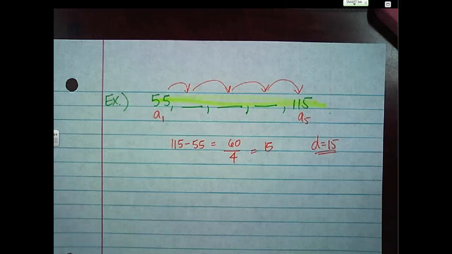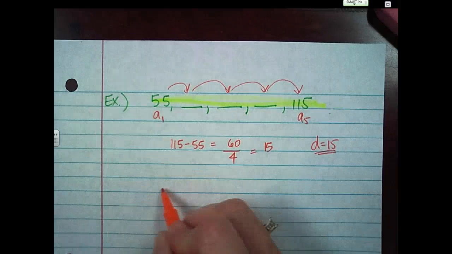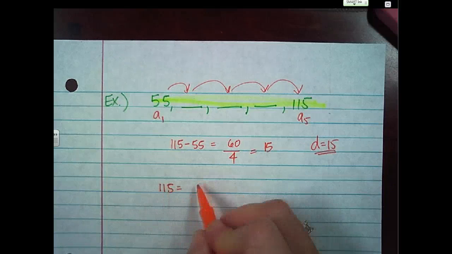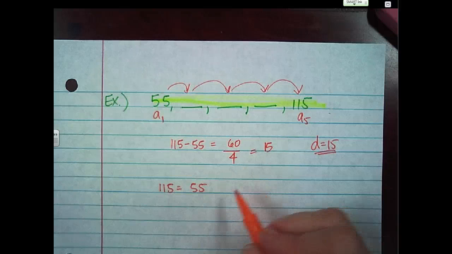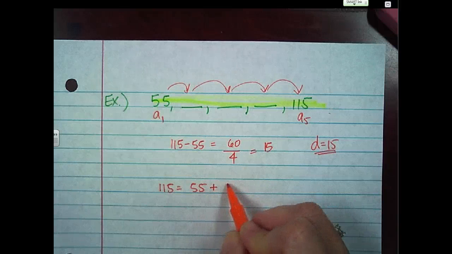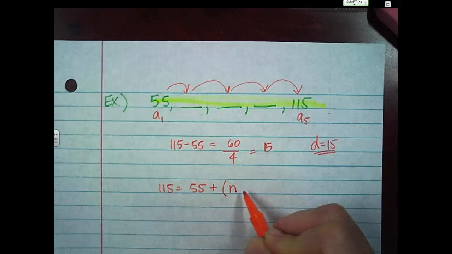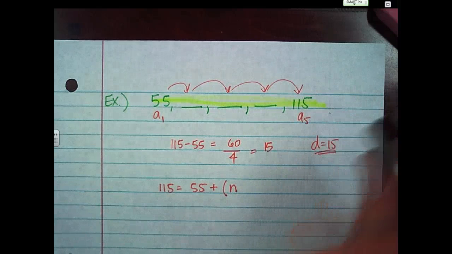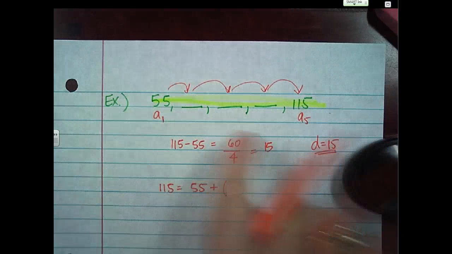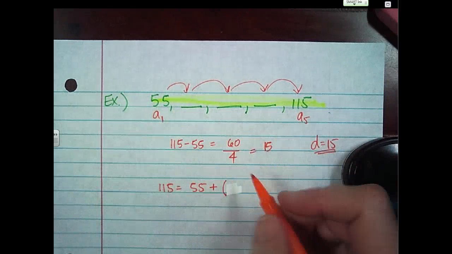70. If you get confused with that, another way to do it is take the last term, 115, equals the first term, plus n minus 1, which in this case would be 4. 5 minus 1 is 4.